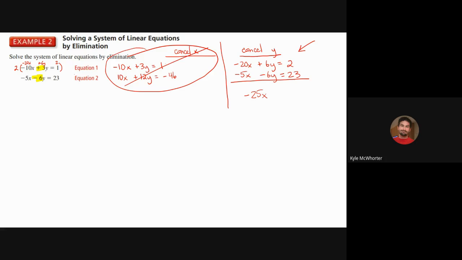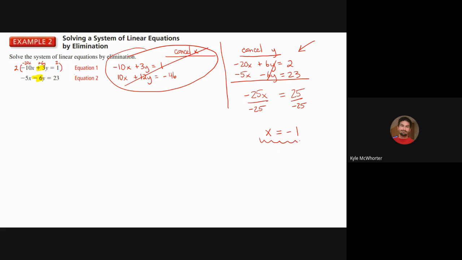Positive 6y plus negative 6y is 0. 2 plus 23 is 25. So then we can divide by negative 25. Negative 25 divided by negative 25 is 1, 1x. 1 times x is just x. 25 divided by negative 25 is negative 1.